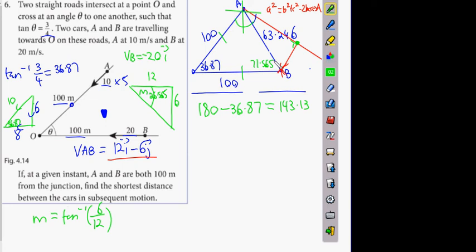Now, I'm just going to rub this out for a second. What happens if I was to highlight a certain angle, okay? I'm going to highlight two different angles now, and you guys have to see if you can tell me which angle is which. So we'll just do it up here. Can anybody tell me what this red angle is? The red angle.